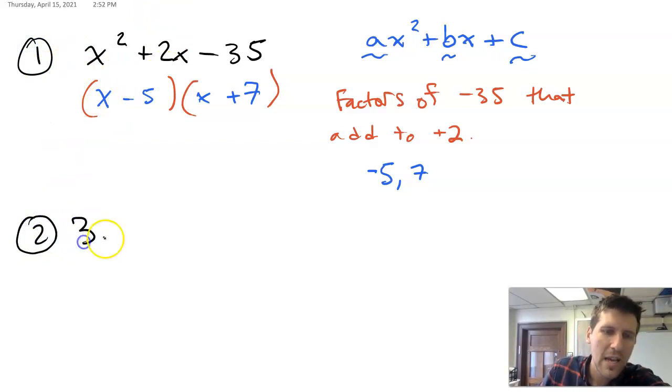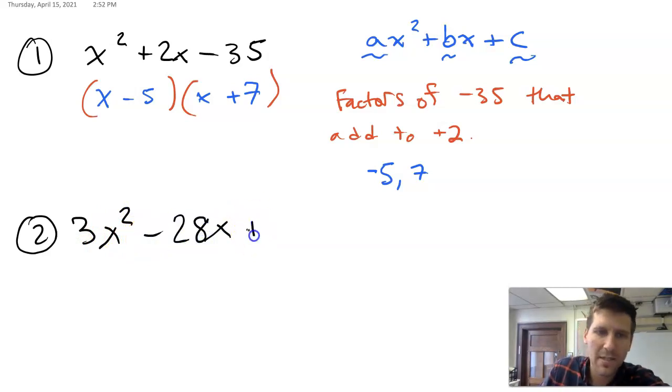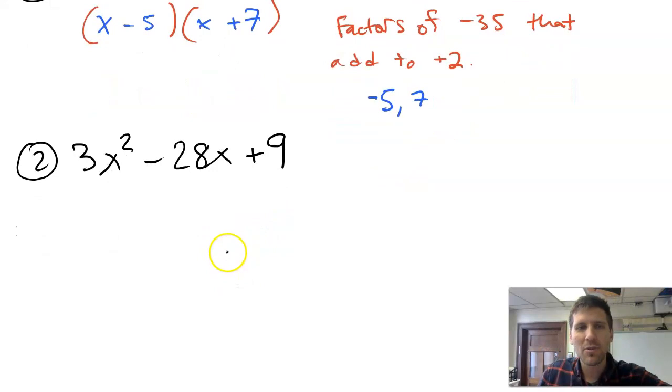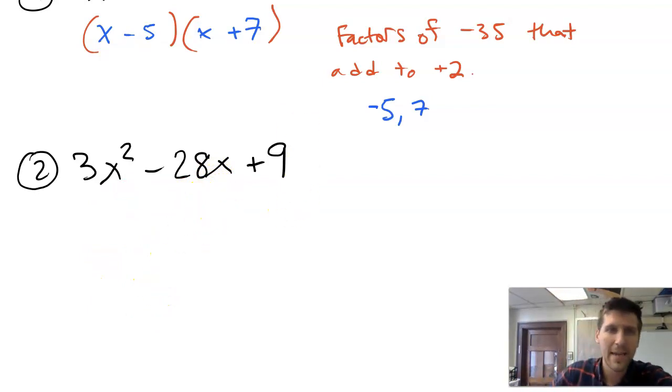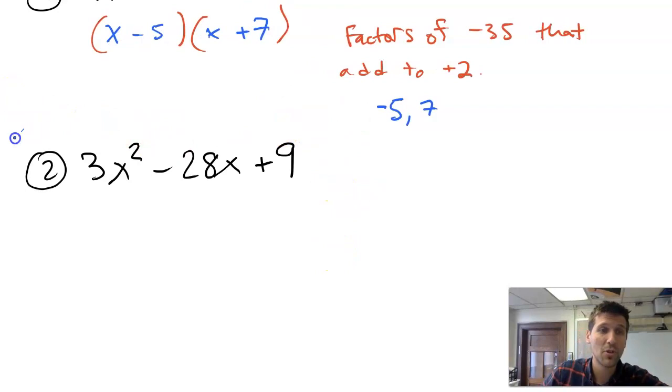A 3x squared minus 28x plus 9. So when I was in school, I just learned to basically break it down and think about it till you found the solution. Make sense of it, which is a great strategy if that works for you.